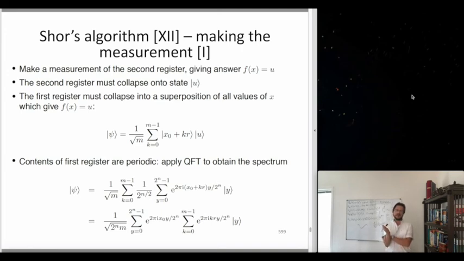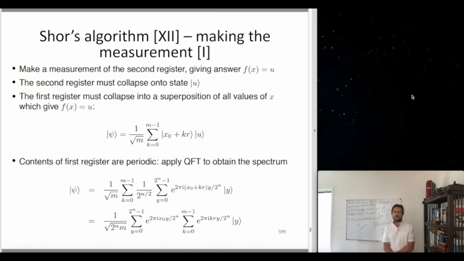So we want to see that anytime I measure u, only those results in the first register remain that are, let's say, in the same line, if you want to look at it that way, as our u. So the contents of that first register are periodic. Periodic means, yeah, you know what periodic means. We just talked about it before.